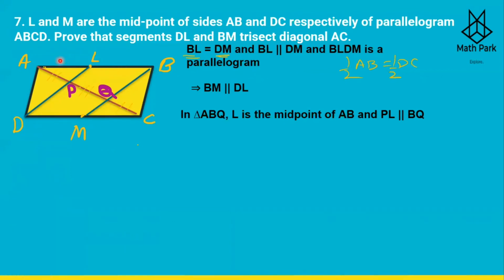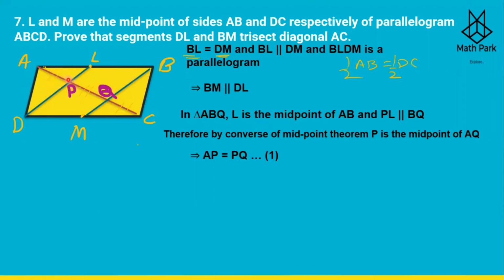L is the midpoint of AB and PL is parallel to BQ, because opposite sides of a parallelogram are parallel. So by the converse of the midpoint theorem, P is the midpoint of AQ. So this is how you get AP is equal to PQ.